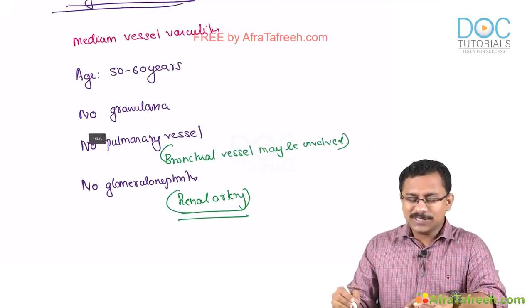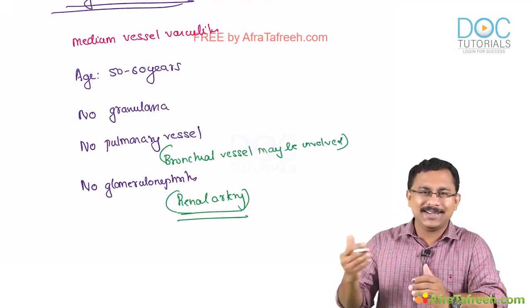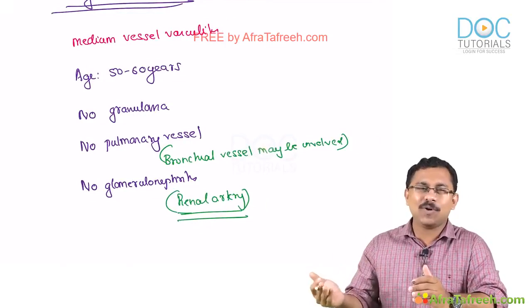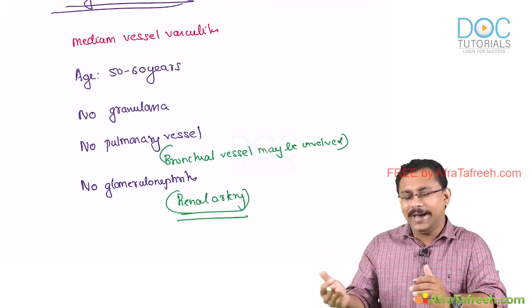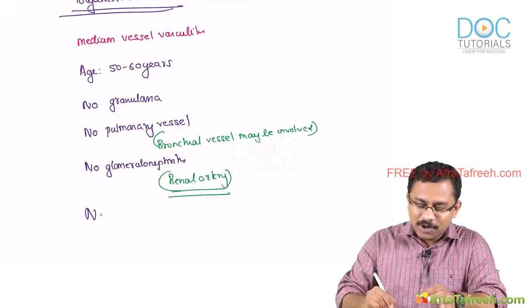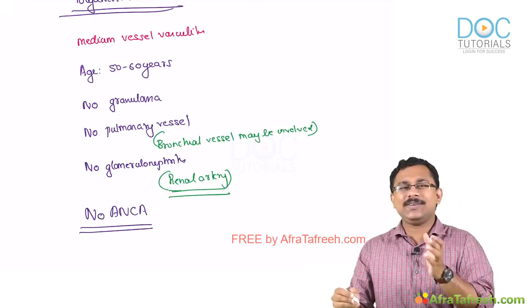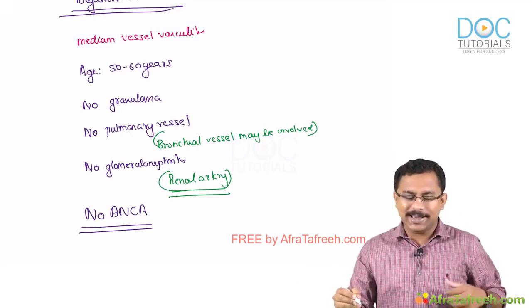This point is very important because you have to compare PAN with other disorders like microscopic polyangiitis, or microscopic PAN, where these points will have their own importance. And this is not having any ANCA association, any association with anti-neutrophil cytoplasmic antibodies.